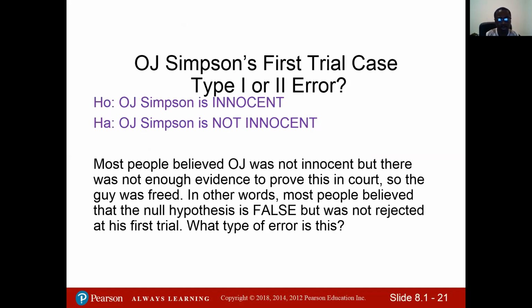Most people believe O.J. Simpson was not innocent, but there was not enough evidence to prove this in court, so he was free. In other words, most people believe the null hypothesis is false, but it was not rejected at his first trial. So this is a type 2 error.